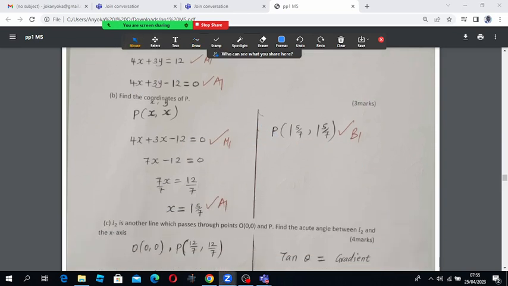Next question, find the coordinates of P. This one became troublesome. We are told that P lies along the line AB, but it is equidistant. So if we draw a Cartesian plane, we have this line here, which is AB.